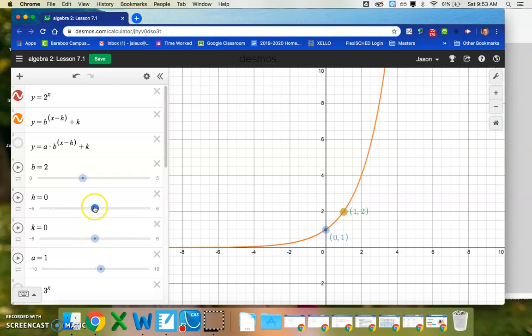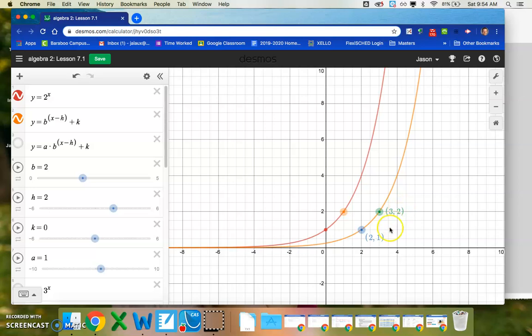And now we're going to look at what h and k do. So a little bit of review of what h and k. H is going to be our horizontal movement. So as we move left and right, all I'm doing is I'm shifting the base points from the parent function. So 0, 1, and 1, 2 are now moving 2 units to the right, so they become 2, 1 and 3, 2.